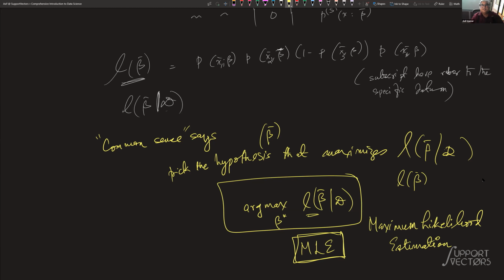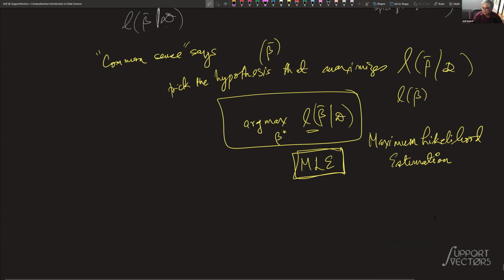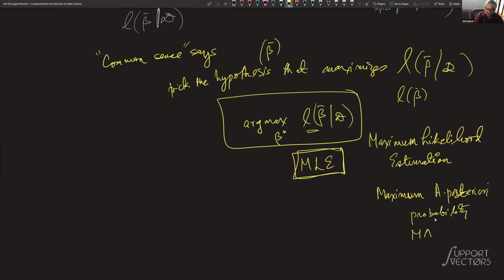And what I alluded to you when we were talking about the prior probabilities is that there is such a thing called maximum a posteriori probability, MAP.